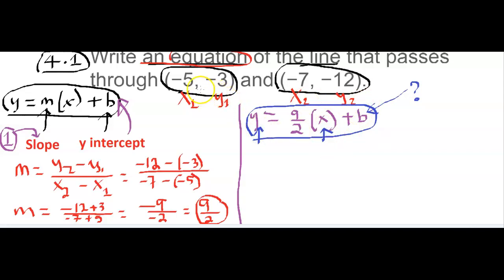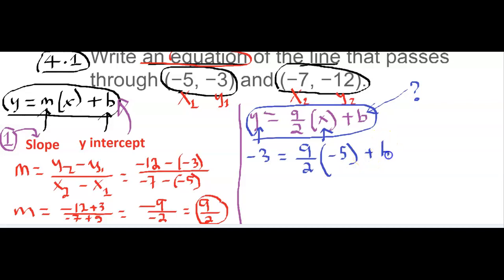It doesn't matter which point you use. In this case, I'm going to pick the first point, -5, -3. So when y equals -3, x equals -5. I'm going to replace the y by -3 equals 9/2 times x, which is -5, plus b.